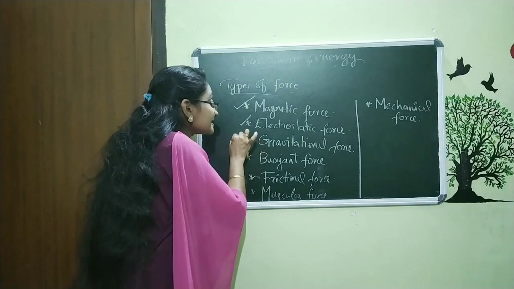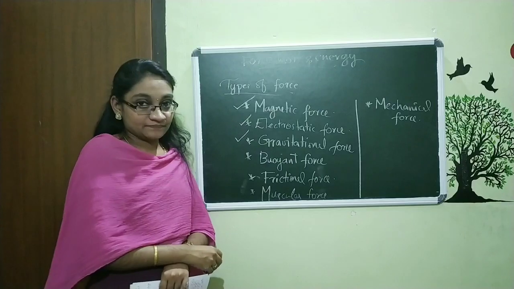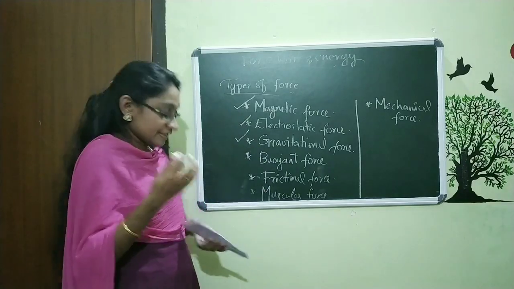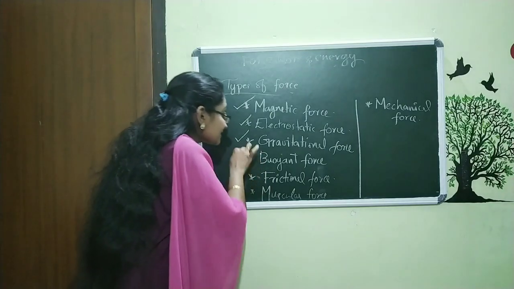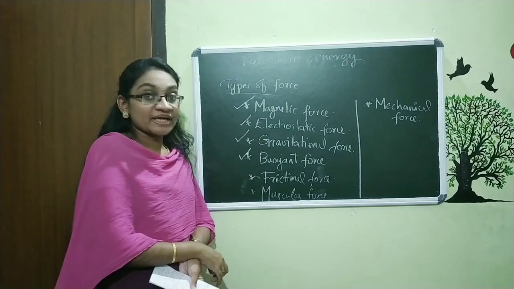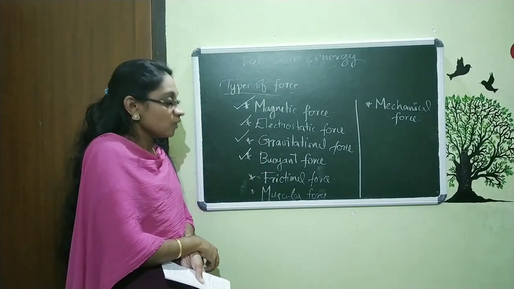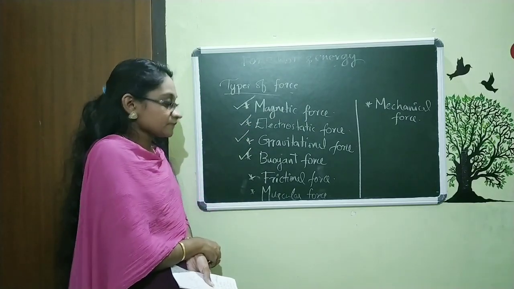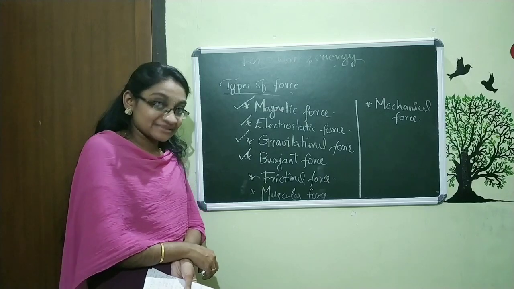The next is gravitational force. It is a type of attractive force between two objects. We can discuss it. The next is buoyant force. The spelling is B-U-O-Y-A-N-T, but we just read it as buoyant. Buoyant force, or simply we can say buoyancy.